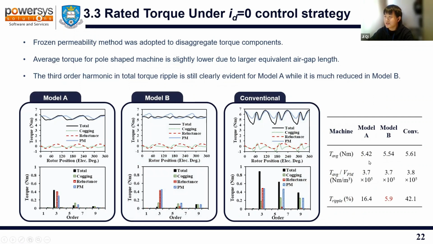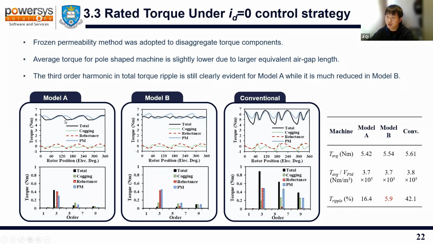Here, firstly, we can see that the average torque for the pole-shaped machine is slightly lower than the conventional machine due to the larger equivalent air gap length. And let's look at the torque ripple shown in the black line here. For the conventional machine, it has a very large torque ripple.